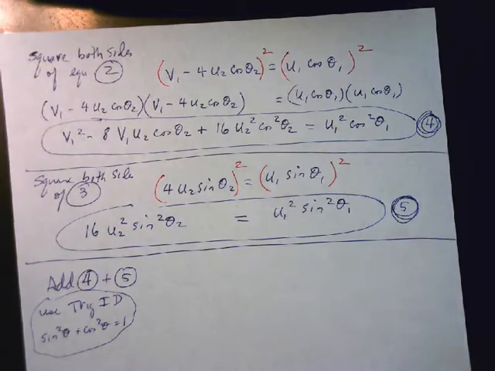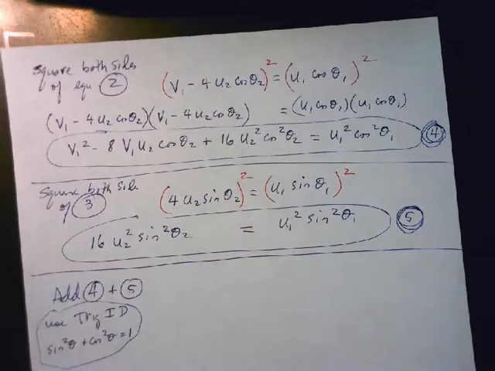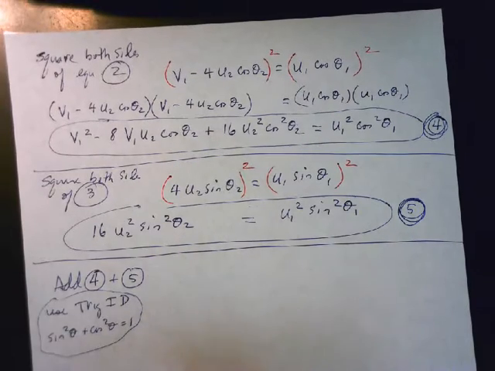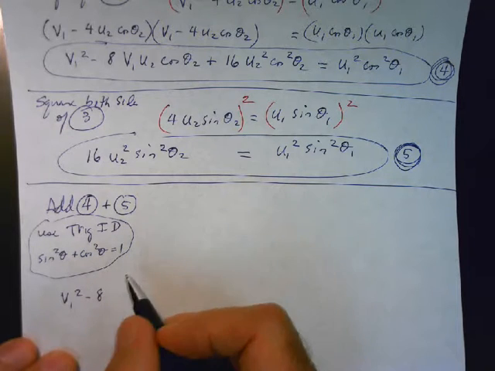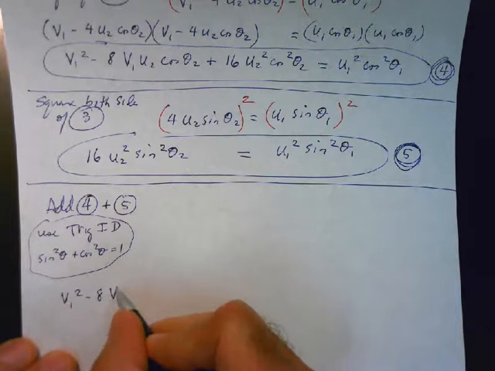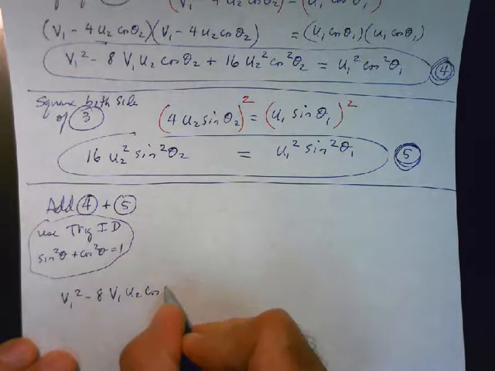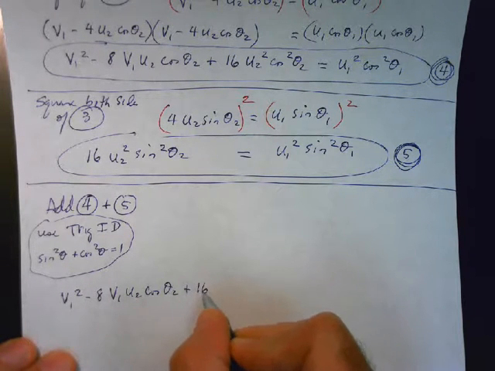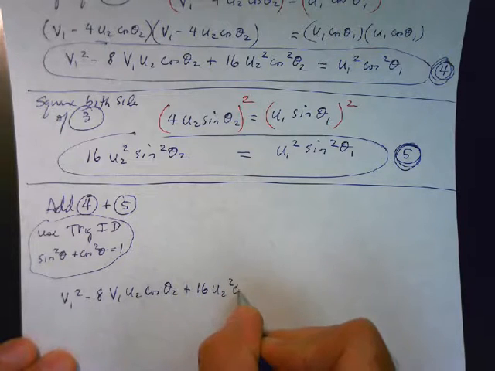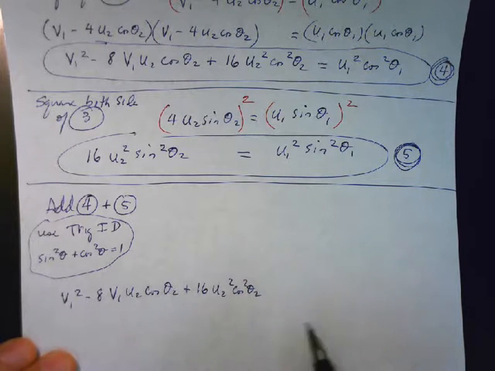I'll just put the equation 4 stuff down first: V1 squared minus 8 V1 U2 cosine theta 2 plus.